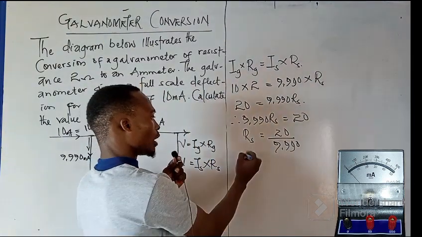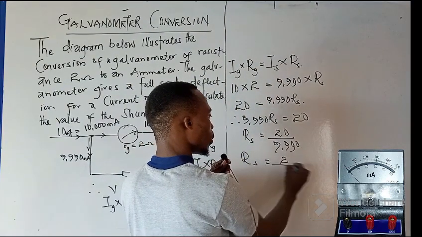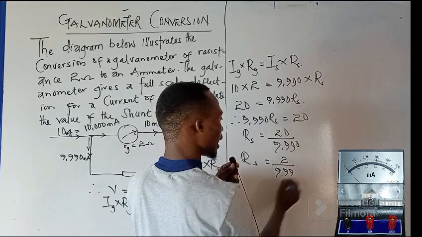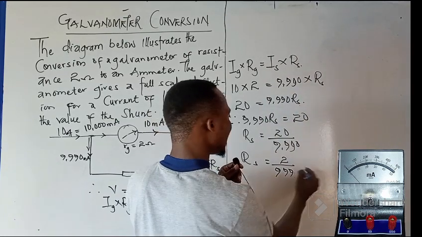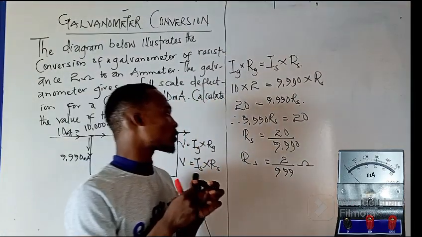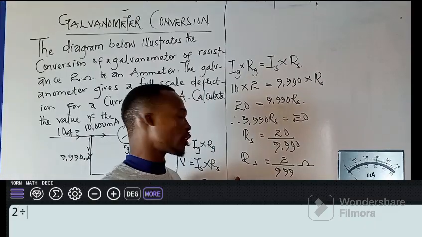Cancelling the 0, we have 2 over 999 ohms.